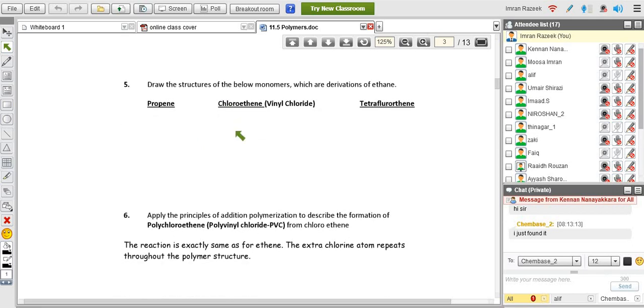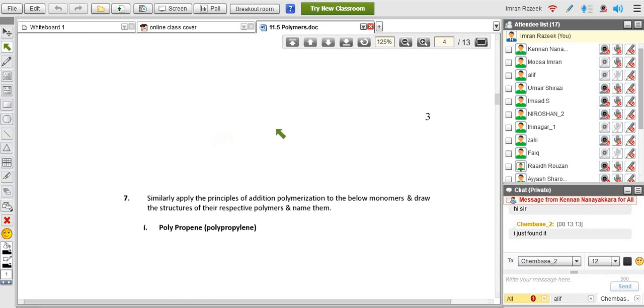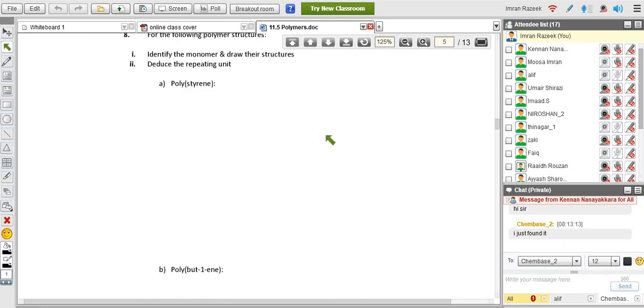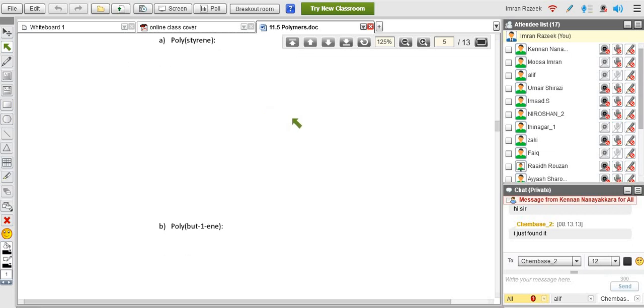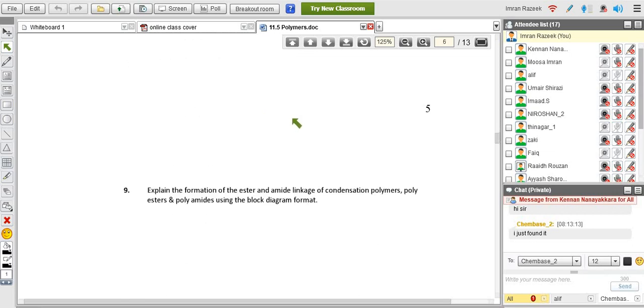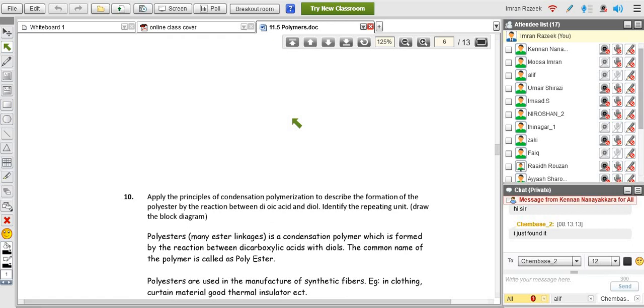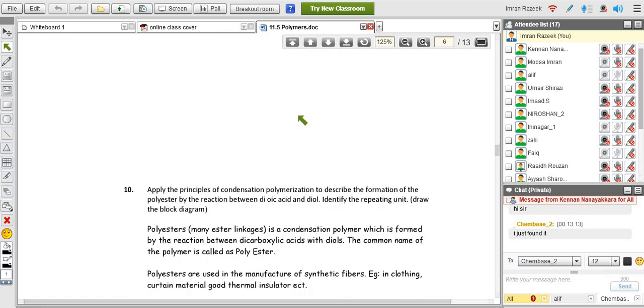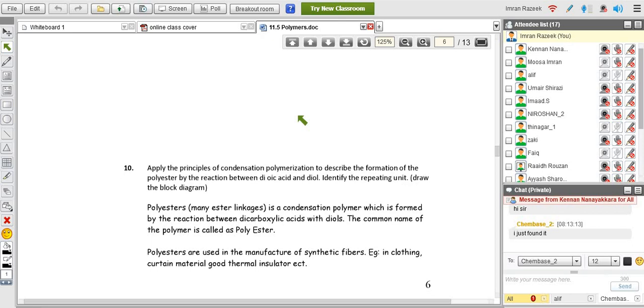All of that was discussed in the previous session, so I'm going to skip that part. And also, when a polymer is given, how to identify the monomers and the repeating units and deduce their structures. I think I completed up to page 6, question 9. From question 10 onwards, I have to start now, right?